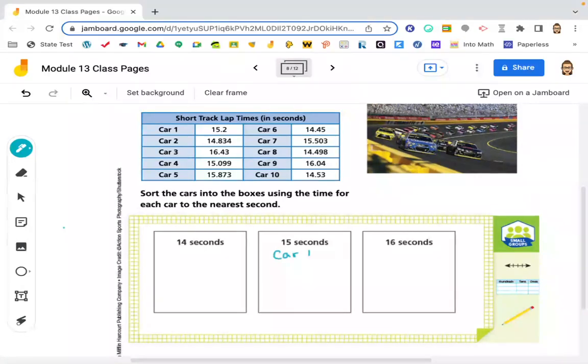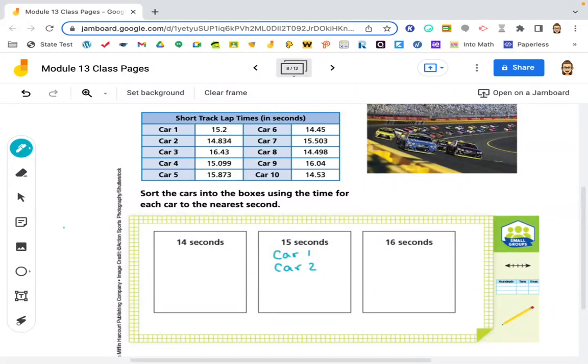Then we have 14 and 834 thousandths, but we just need to look at our tenths place. The 8 tells us to bump up that 4, so that would also be 15 seconds. We look at car 3. We have 16 and 43 hundredths. The 4 in the tenths place tells us to leave the 6 alone.